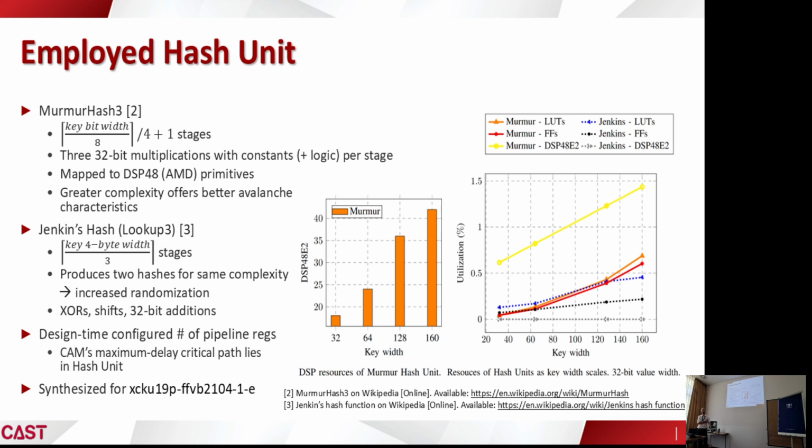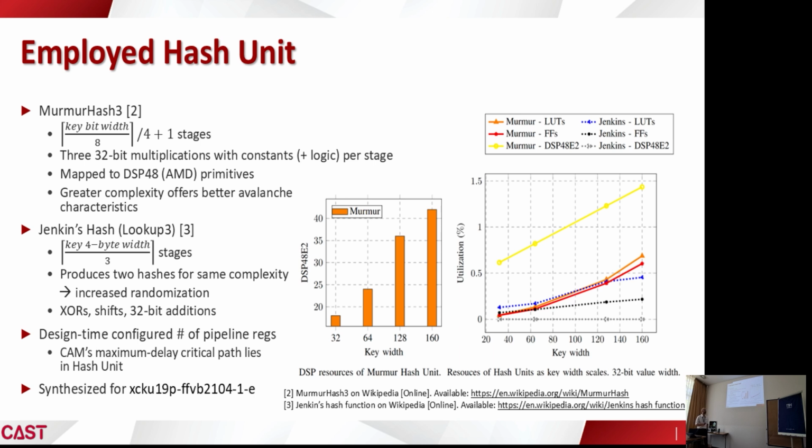These functions are built by repeating a number of randomization blocks, the number of which depends on the width of the input key. The Murmur hash function involves the operations with the greatest complexity, having 32-bit multiplications with constants that can be directly mapped to DSP building blocks. Here we also evaluate the resources occupied by these two blocks as the width of the input key increases for an AMD Kintex UltraScale+ device.